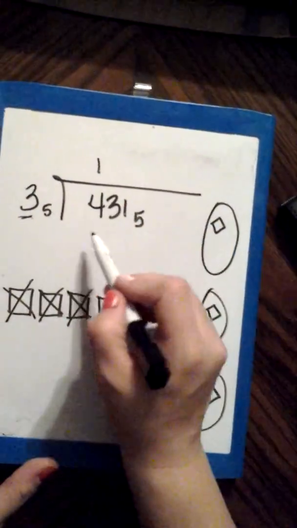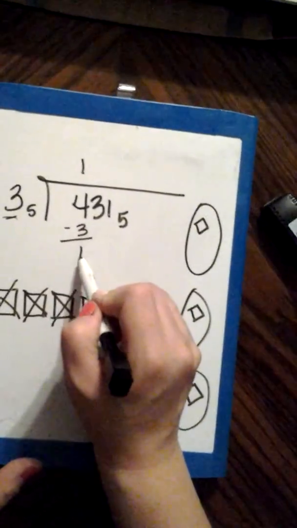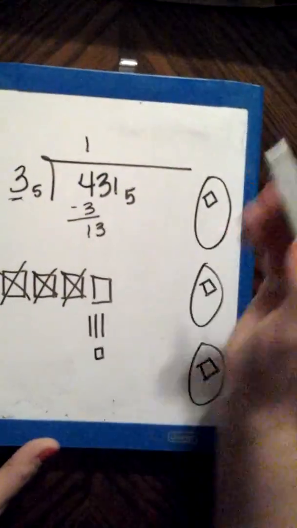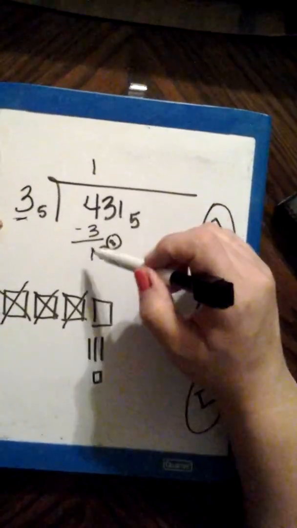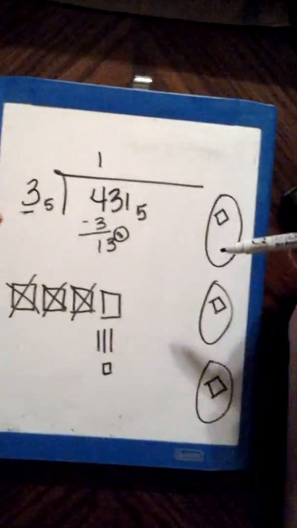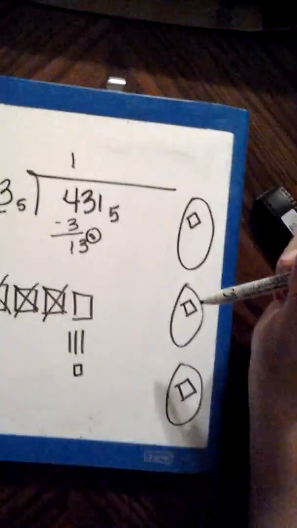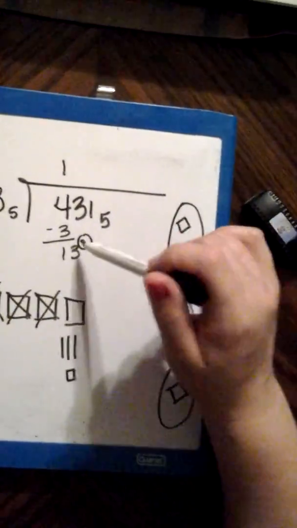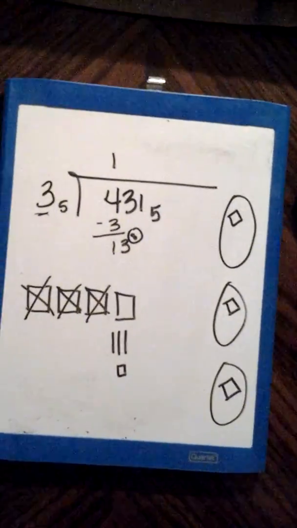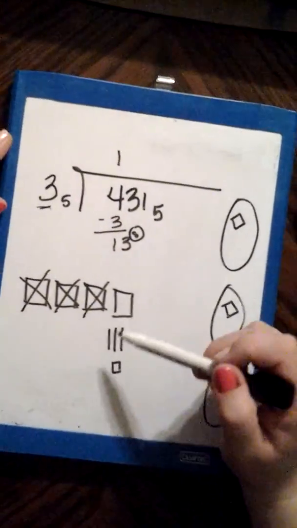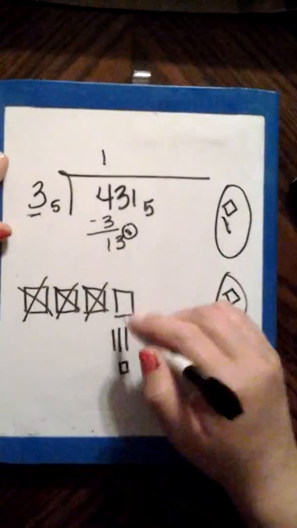So then I go 4 minus 3 equals 1, and I'll bring down a 3. This is actually 8 because we have 1 long, which is 5, plus 3 is 8. So we're looking for a number that would be a 13 with the base of 5. So looking at this, I can put a long in each one.